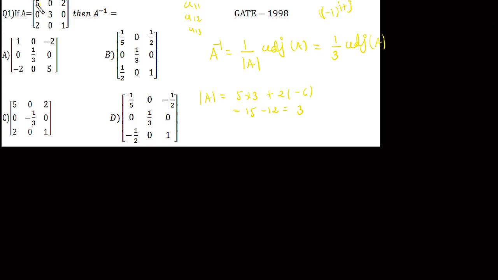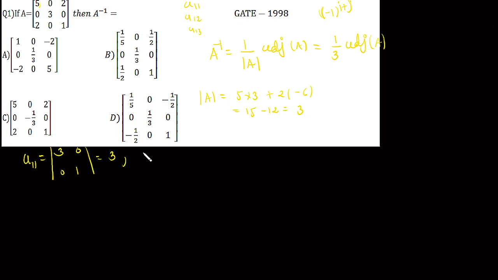First of all, let's find the minor of this first element, which is 5. Let's represent the minor as M11. I have to make the determinant of the 2 cross 2 matrix for the minor of 5, with entries 3, 0, 0, 1. So the minor of 5 is plus 3.